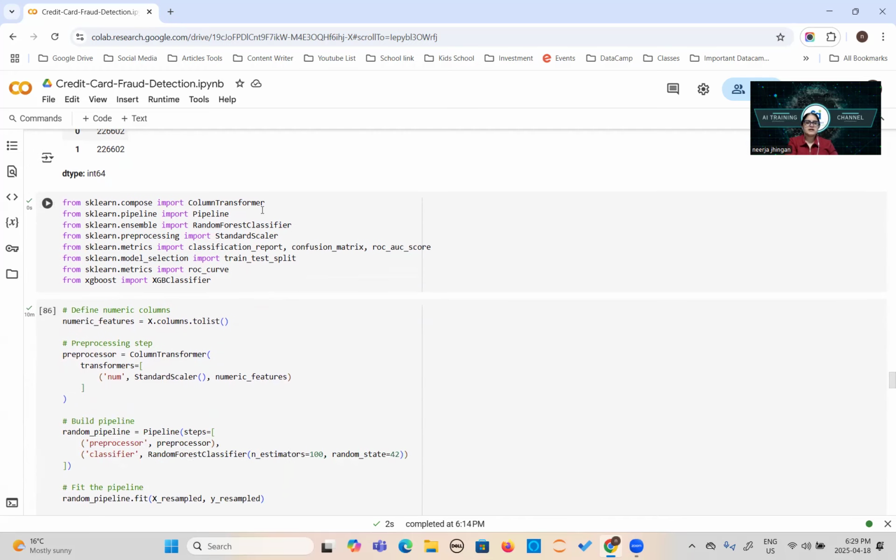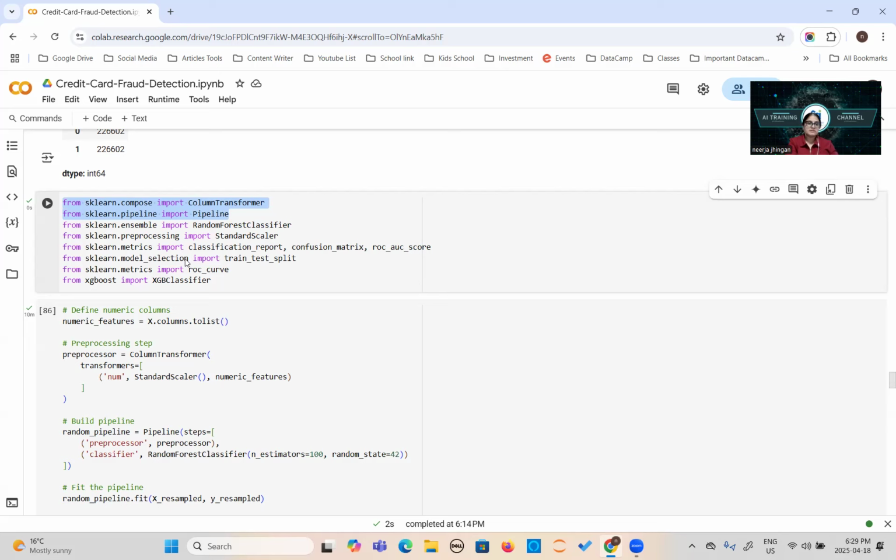Now we will import the column transformer. If you want to learn it, you need to watch my previous videos on column transformer and pipeline. If you want mastery, this is what we use to build the column transformer and pipeline to speed up our processing, so you don't need to write the code again and again. Then the random forest, and the standard scaler to scale your data for model preparation.